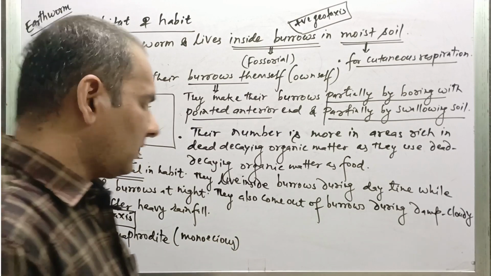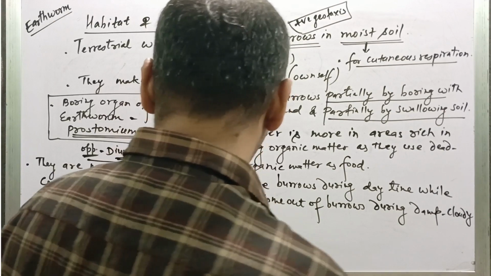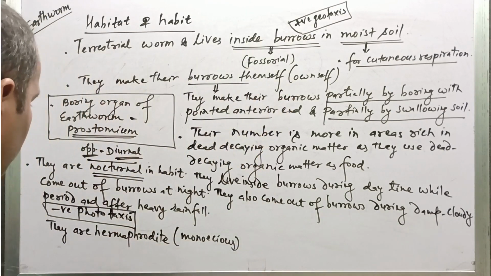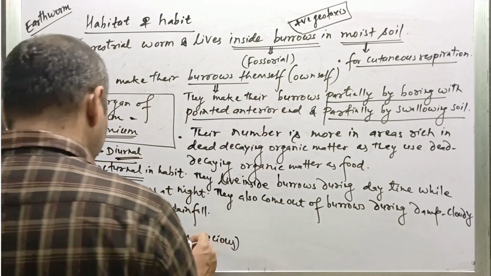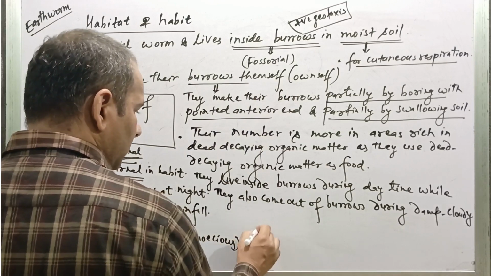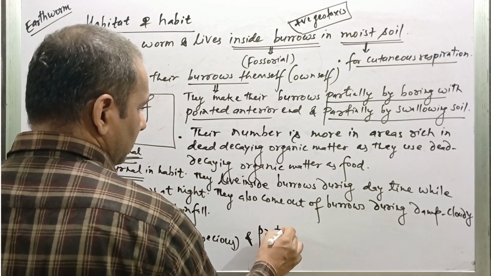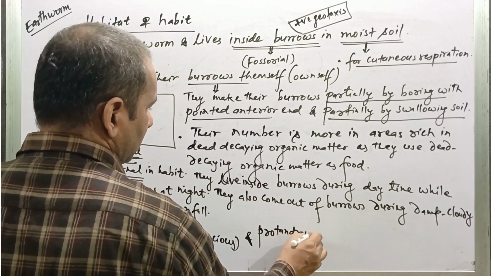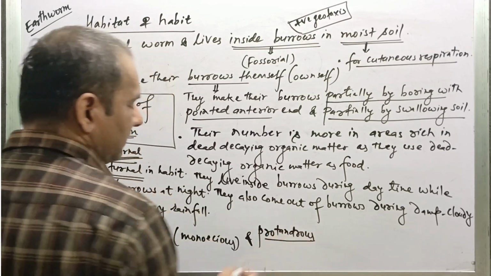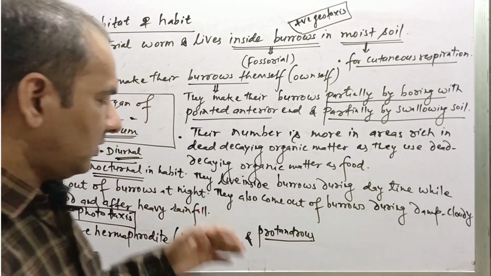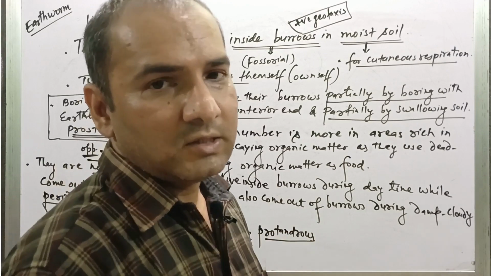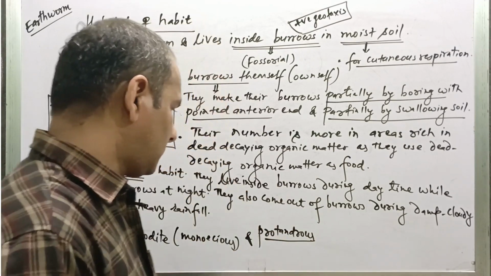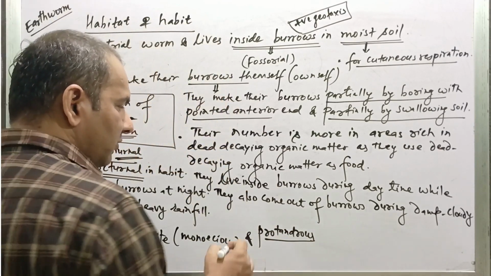That means both male and female reproductive organs are present in the same individual, and they are hermaphrodite and protandrous. Protandrous means though they are hermaphrodite, the male gametes mature earlier than female gametes. That is called protandrous.